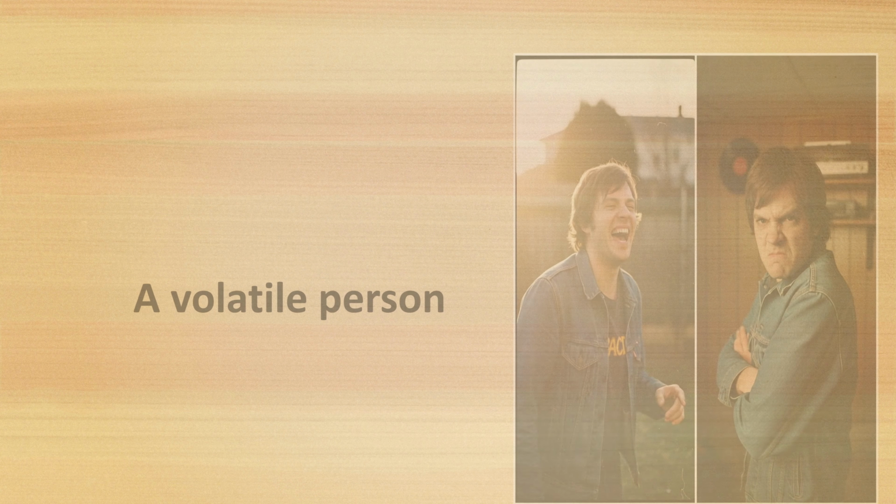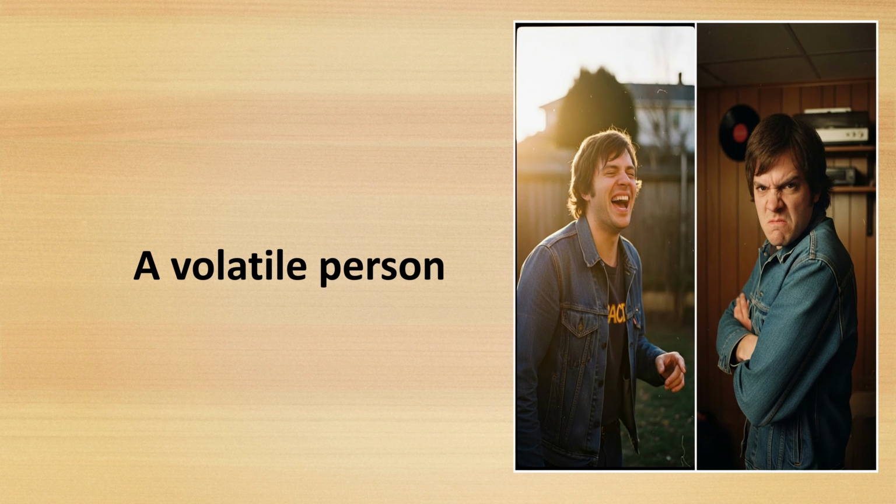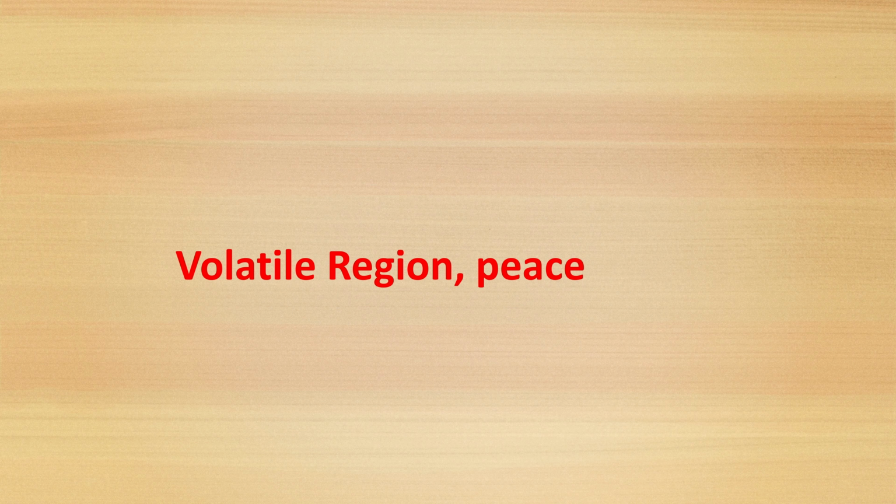A volatile person is one whose mood changes very quickly. In this illustration, you can see a person who is happy one moment and the next moment he is angry, irritated. Volatile is also used for regions, places where some sort of conflict is going on and where violence or unrest can break out anytime.